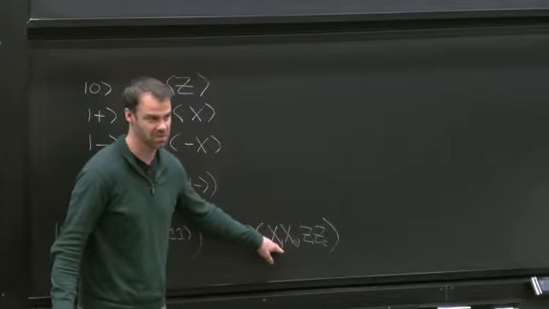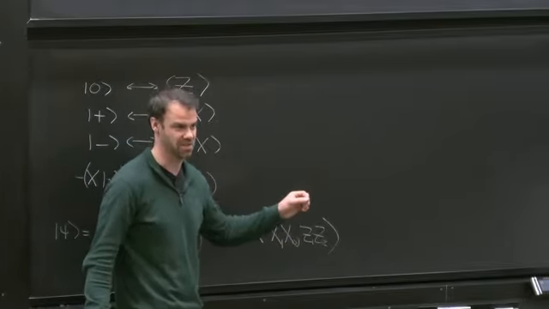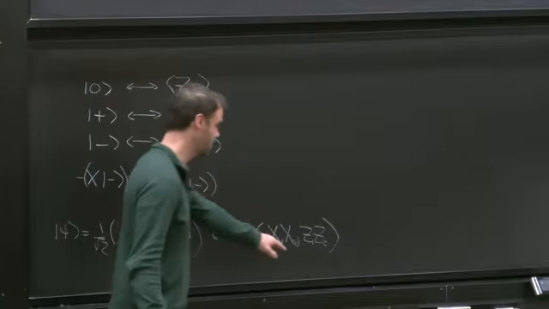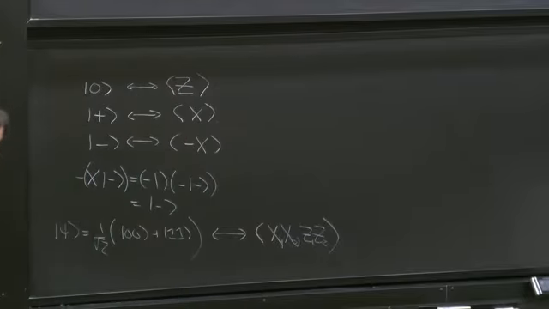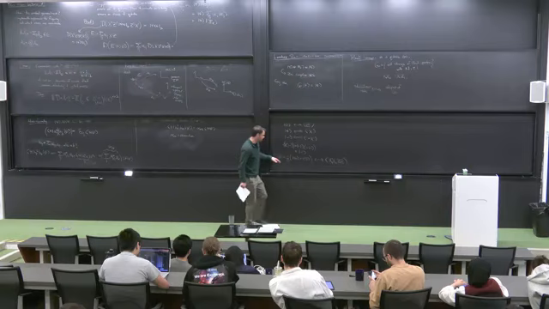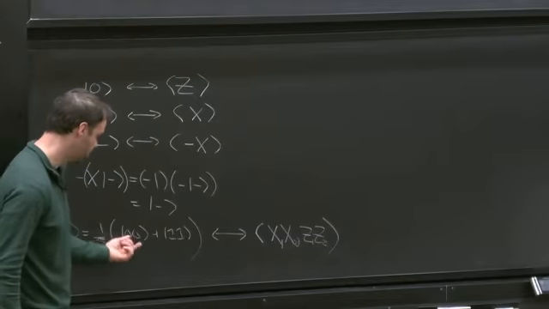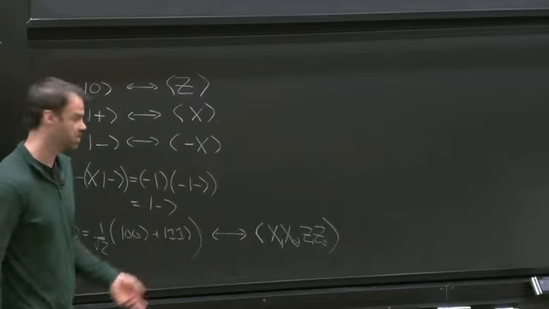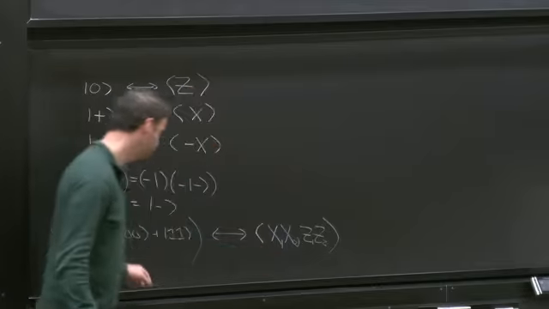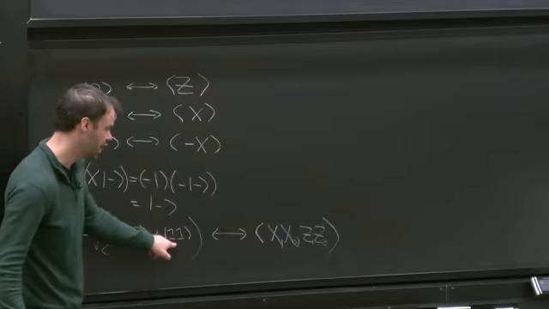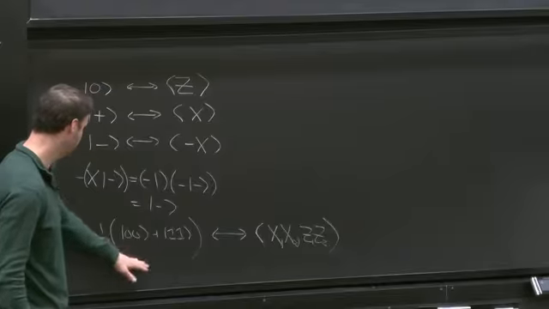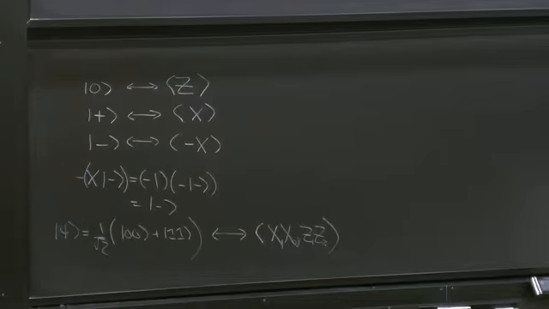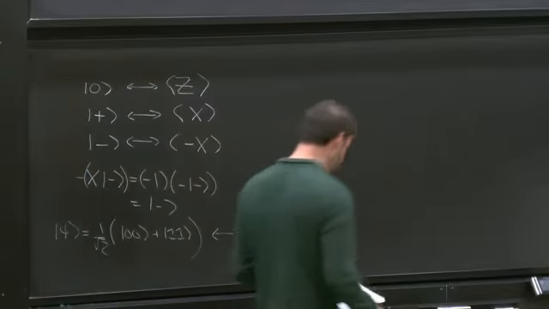So if I write XX, it means X in the first place, X in the second place, not the product XX, so it's confusing. I'll try and keep the labels on. But if I act with X1 X2, it flips this to a 1 1, flips this to a 0 0, that's the same state, stabilized. And if I hit it with Z1 Z2, it gives me 2 minus signs here, so it does nothing. And so this thing is stabilized. Okay, so those are just initial examples.